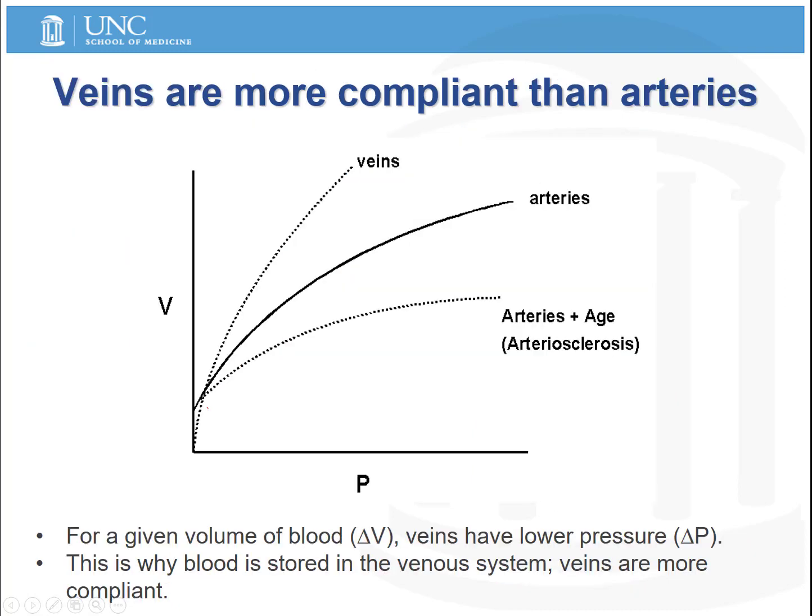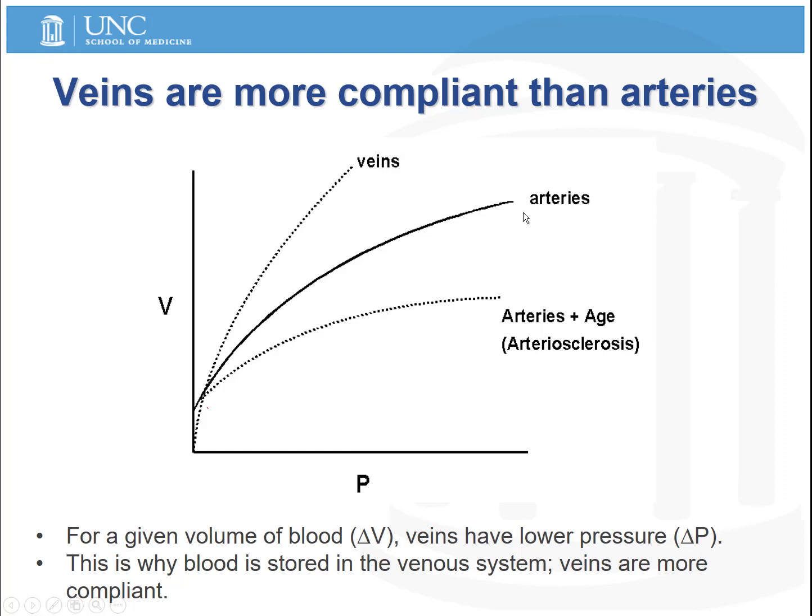So now if we think about compliance as it relates to blood vessels, we can think about veins being like the plastic bag. So they're very compliant, they're easily able to be filled with blood with little change in pressure, while arteries are like the balloon, so they're elastic and more difficult to fill.